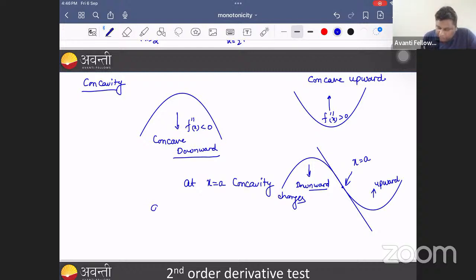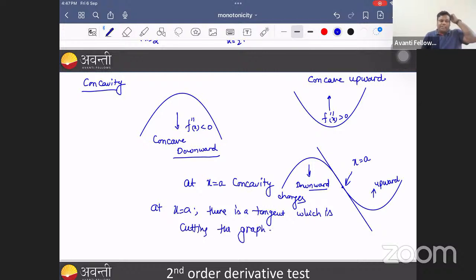At x equals a, there is a tangent which is cutting the graph.